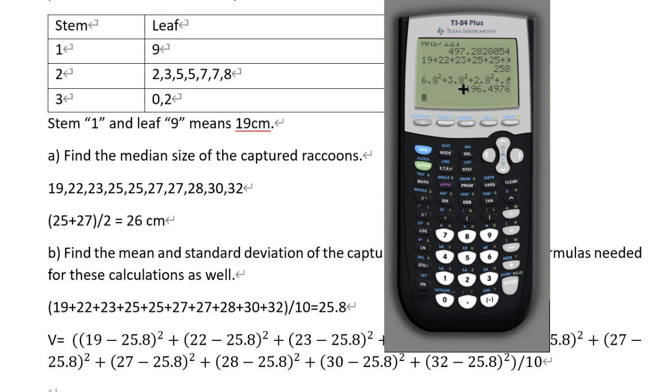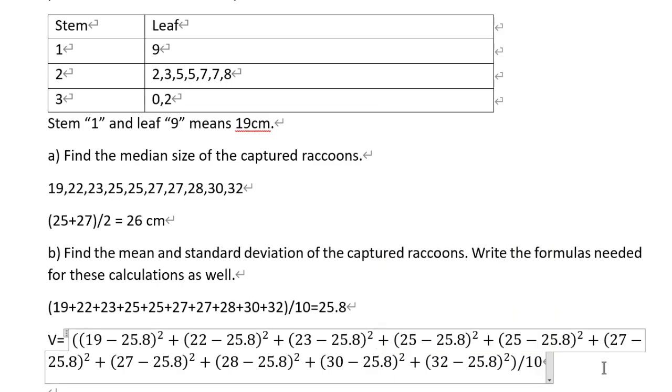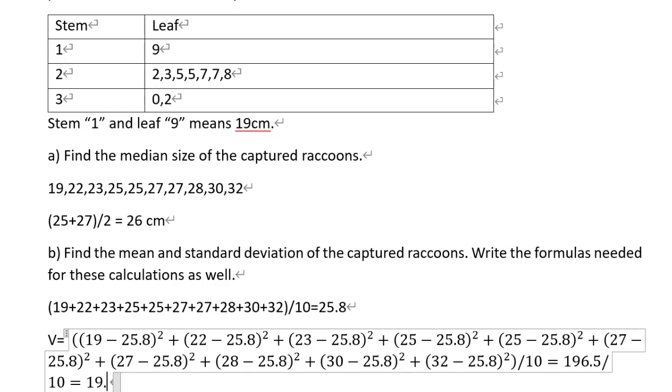Okay, so you have 196.49, so we'll just put it as 196.5. So this would be equal to 196.5, and then divided by 10, and that will be 19.65.